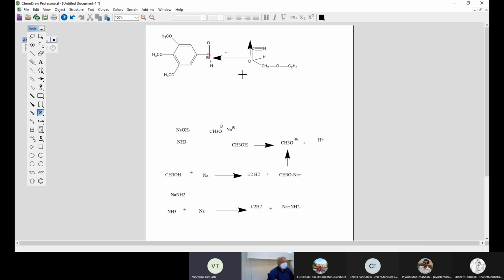If you put together these two charged species, we have the formation of a bond between the two reagents. Just a moment.